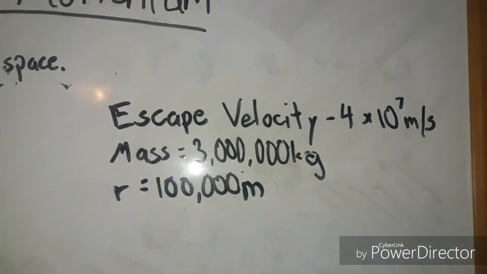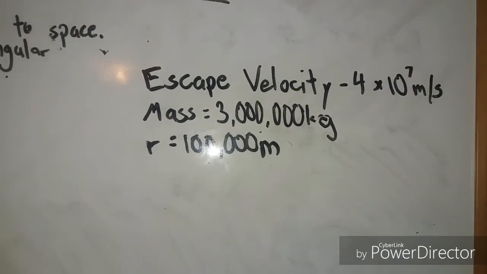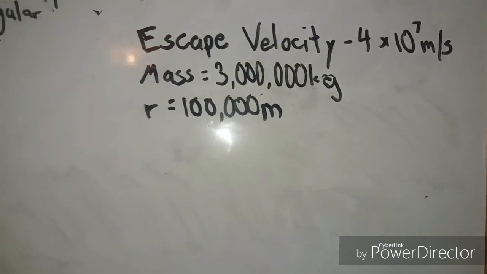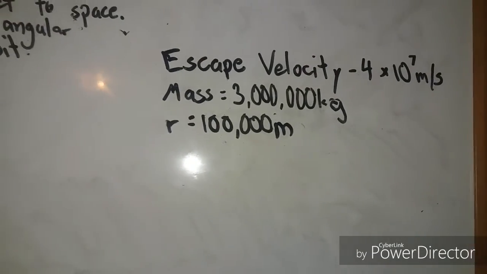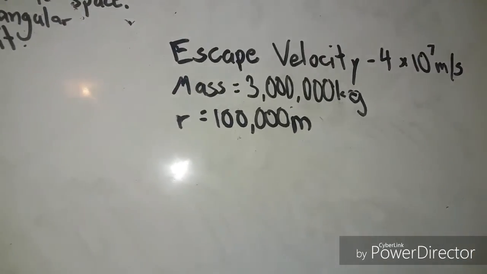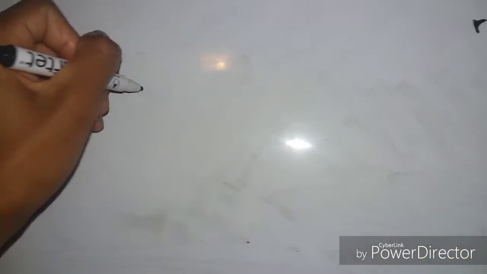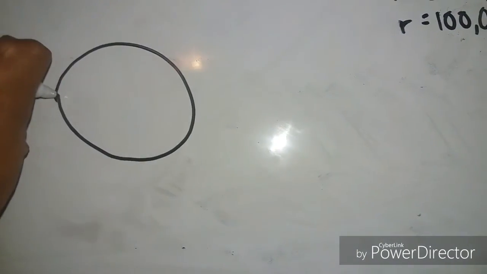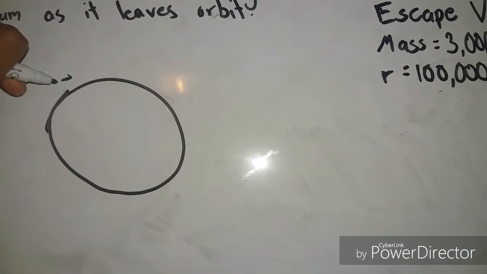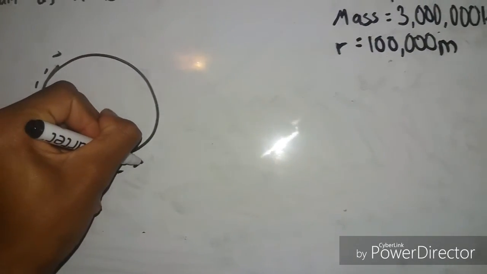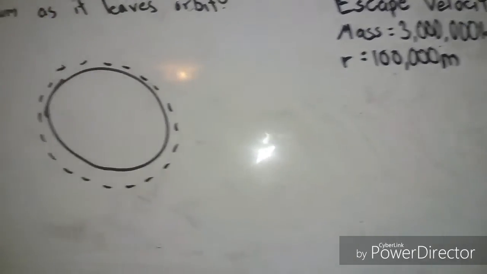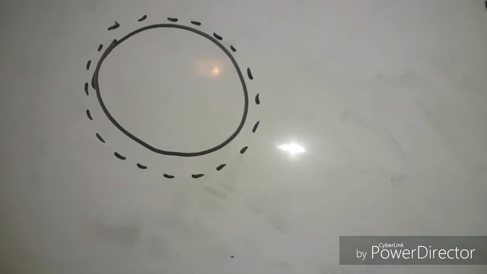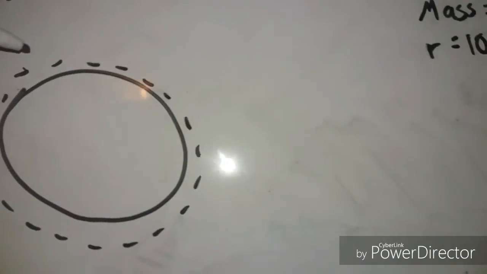The mass is 3 million kilograms, and the radius of its orbit away from the Earth is 100,000 meters. So let's say this is the Earth, and this is the orbit that it travels. I mean, 100,000 meters is probably higher than that, but we're all right.